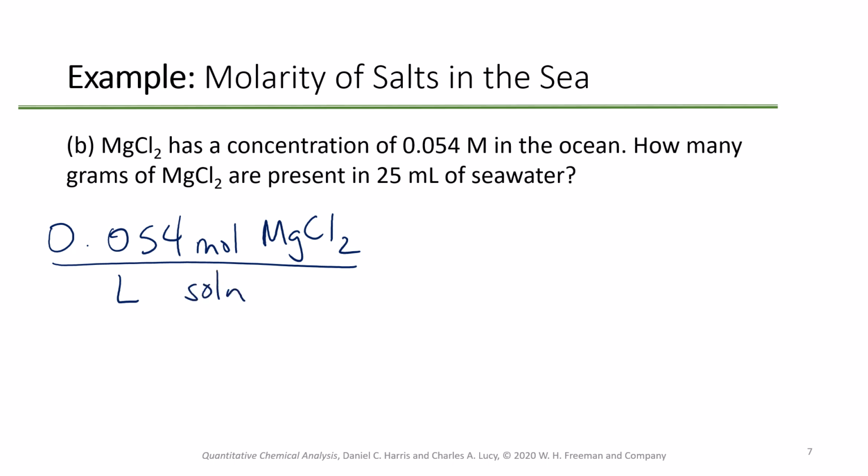This shows me I can do something here. First, if I'm trying to go from moles per liter into grams, I can't have anything in the bottom. It has to be just one thing and it's on the top. So I have to come up with a way to get rid of the liters of solution on the bottom. The only way you can do that is by multiplying it by liters. That way, liters divided by liters is the same thing as 1, and those units cancel. So I need to multiply it by a volume.